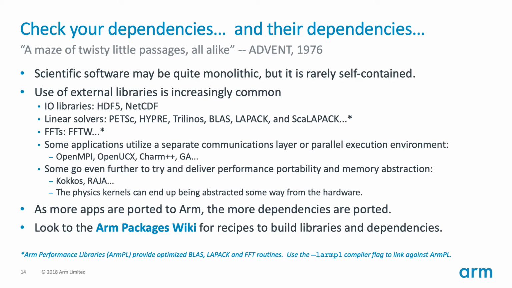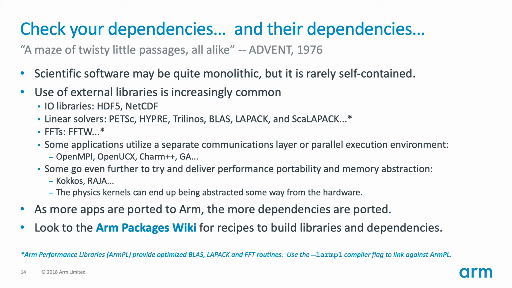So OpenMPI, OpenUCX, Charm++, something like this to enable parallelism. There are also applications that build on Kokkos or RAJA, where these portability frameworks try to abstract even further from the hardware.